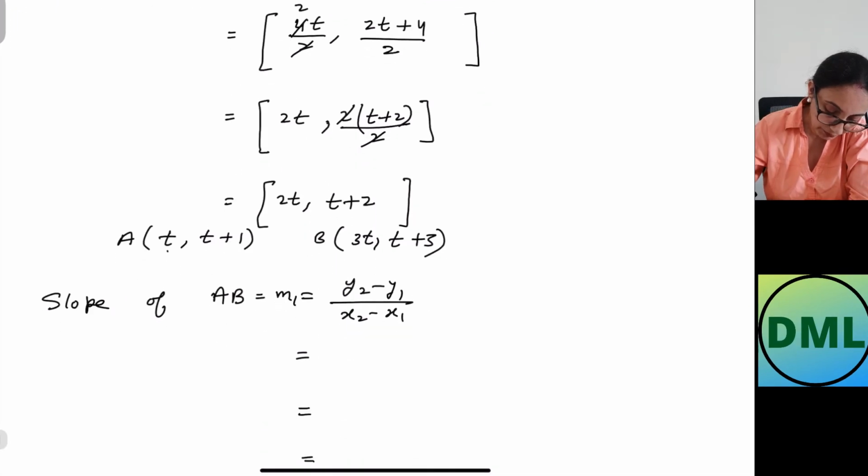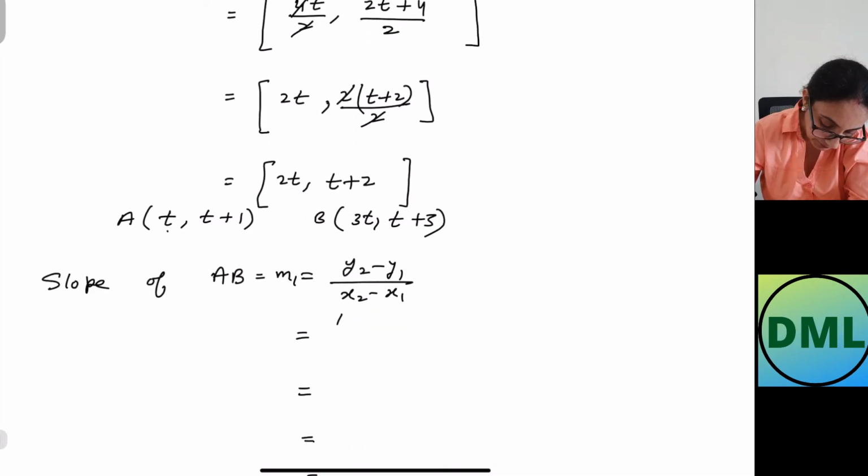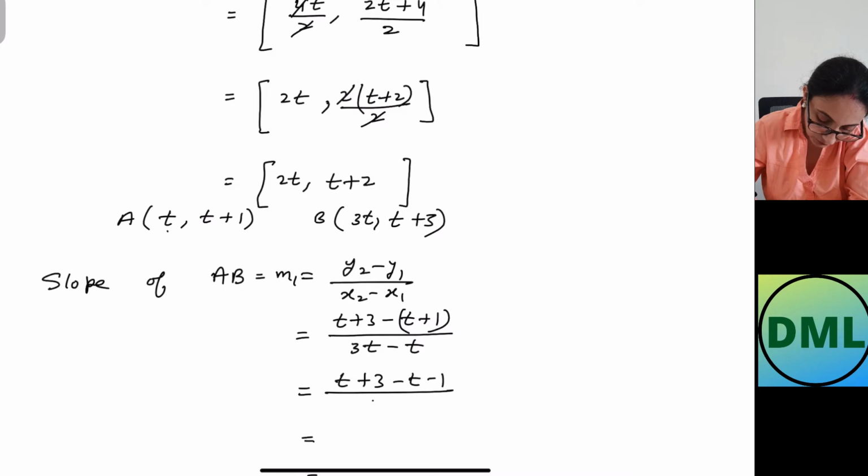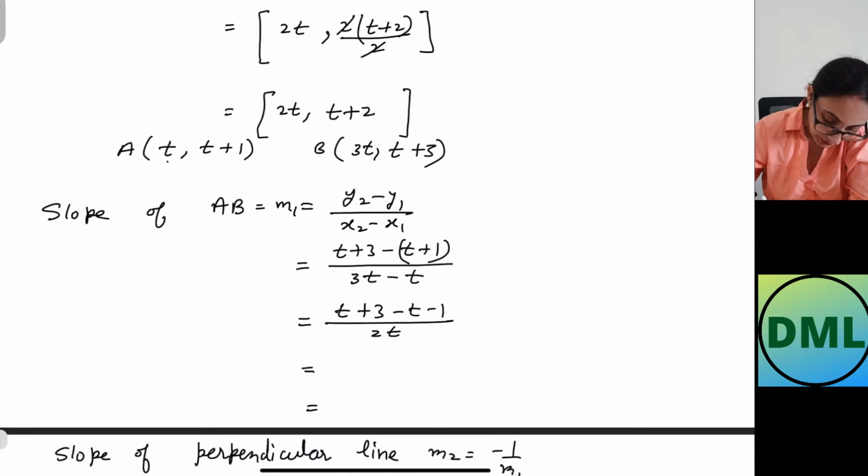So the slope of AB is given by (y2 minus y1), so (t plus 3) minus (t plus 1), and this should be in the bracket, divided by 3t minus t. So open the bracket here: t plus 3 minus t minus 1 over 2t. If I solve it here, t will get cancelled with t. So it will be 2 over 2t. So 2 will get cancelled from here. It will be 1 over t.